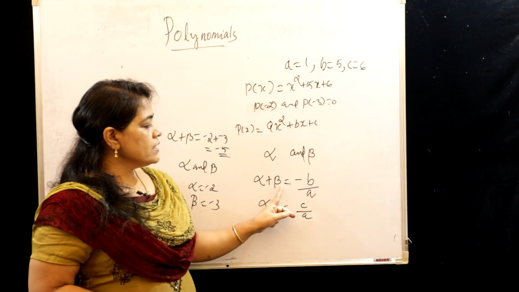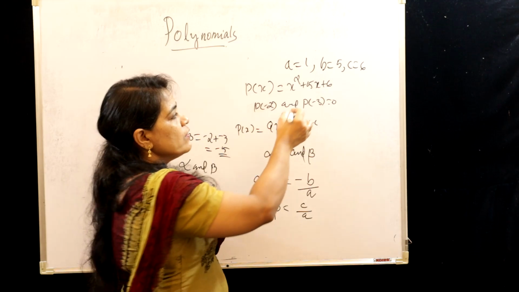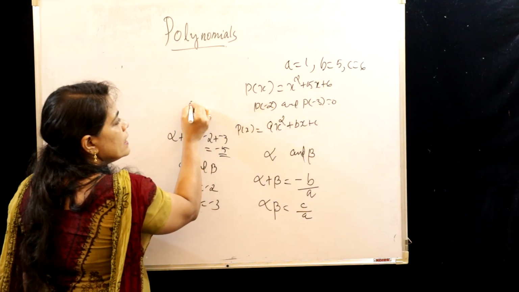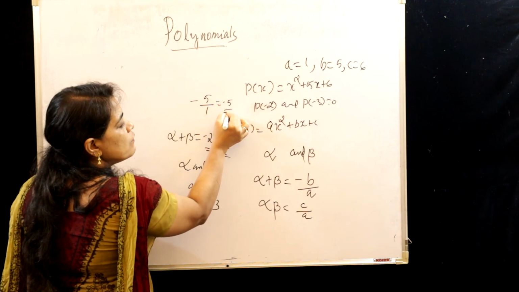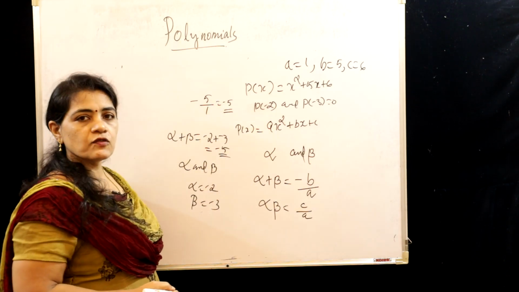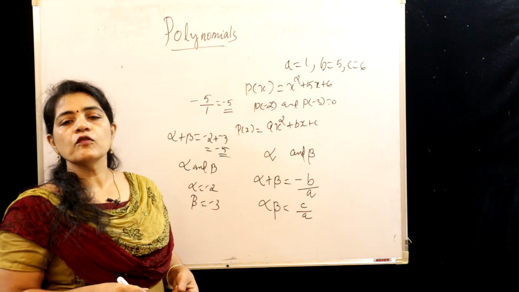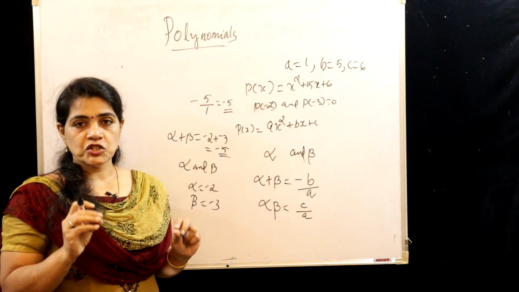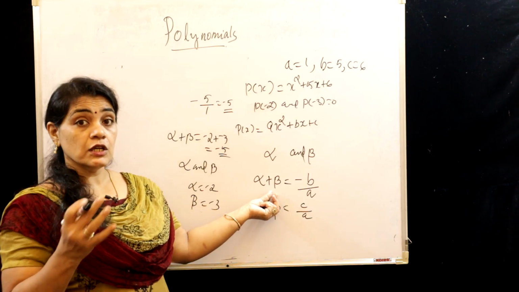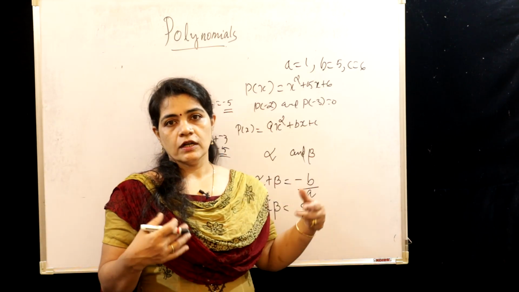So what will be minus b by a? Minus 5 by 1, that is minus 5. We already have seen that this is equal to minus 5. The sum of the zeros is always equal to minus b by a. This is the relationship between the sum of the zeros and the coefficients of the quadratic polynomial.